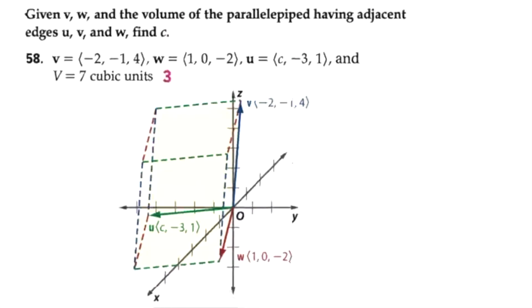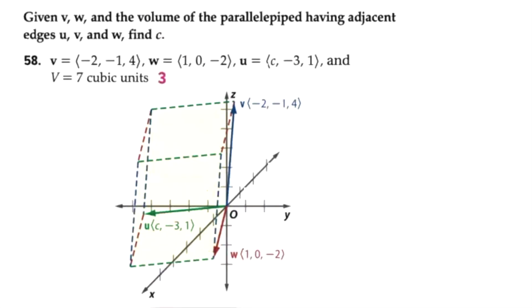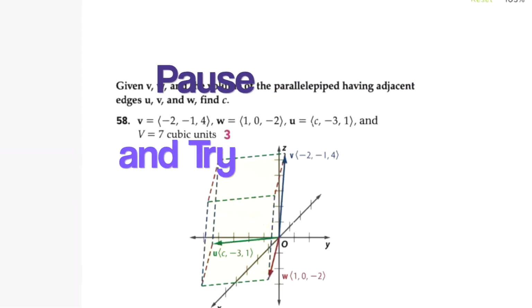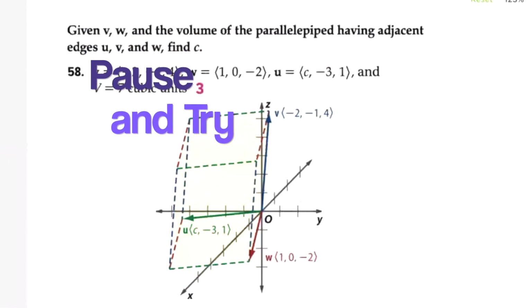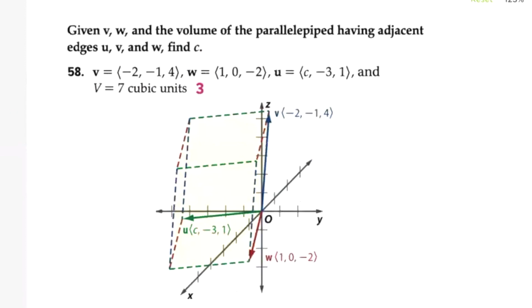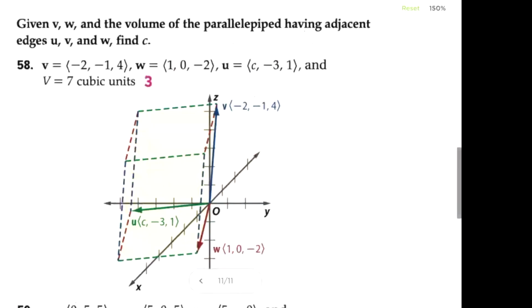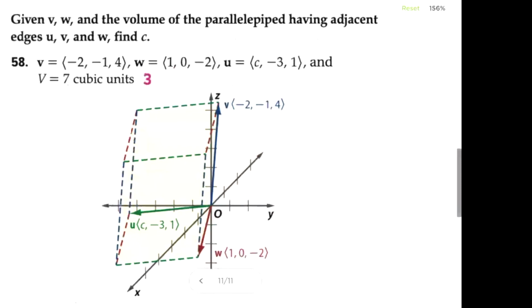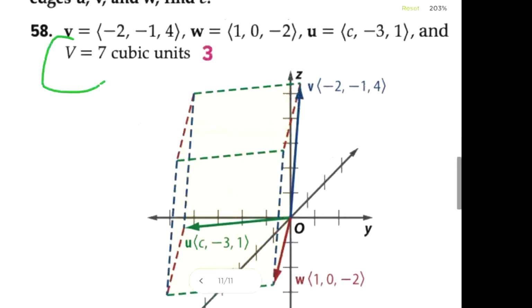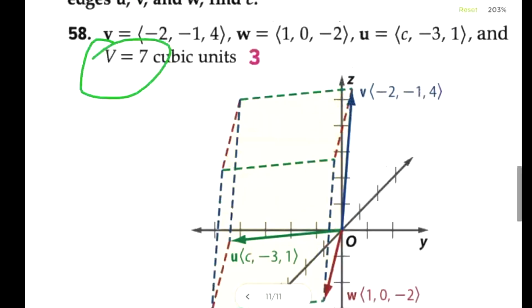That's it. You want to try to do this one? Okay, tell me, what should we do here? They're not asking you to find the volume because the volume is given. Can you see it?